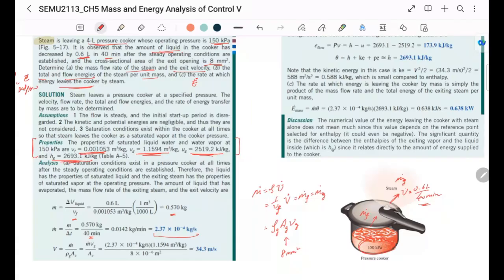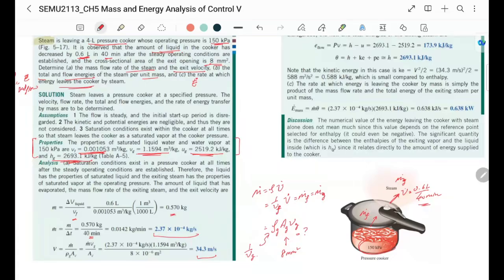From there, we'll be able to find out the velocity, because the rho for G can be taken as 1 over V G as well. Then we'll be able to find out how much is the velocity of the flow of the steam that runs through the opening, that's 0.0 for the 8 millimeter square of area. So that's how we find out the flow rate and the exit velocity.